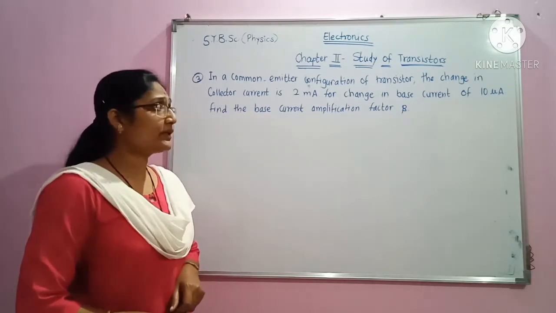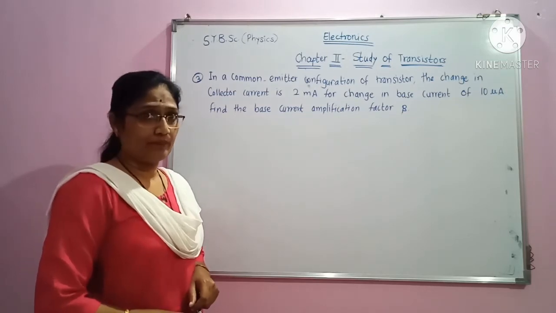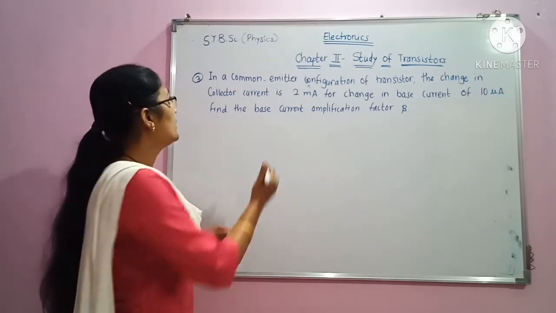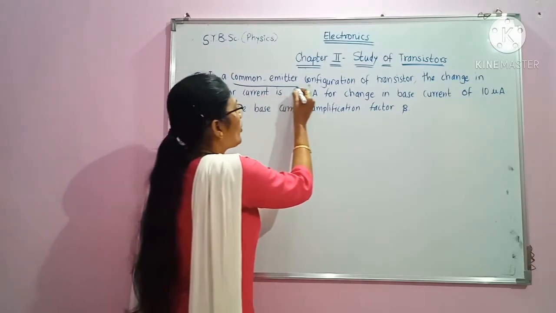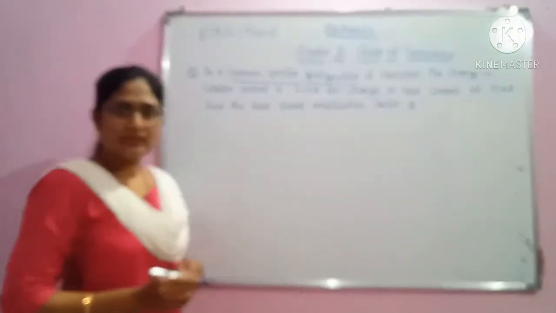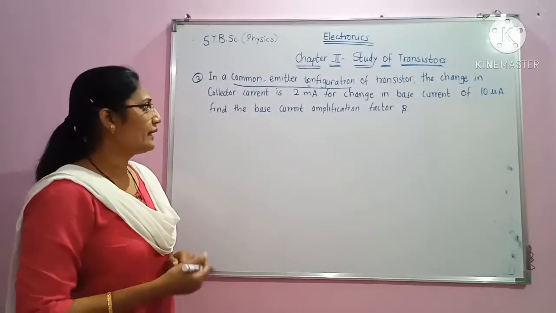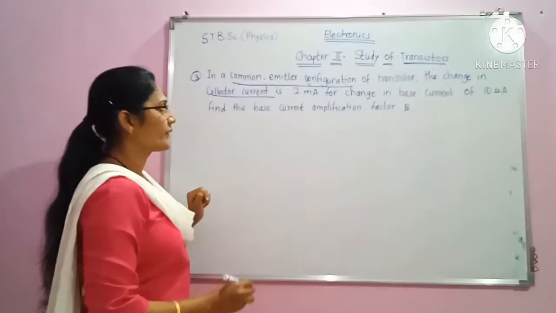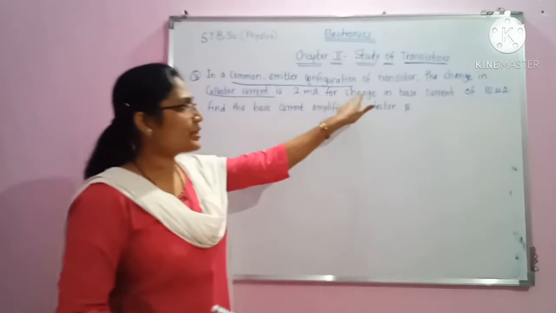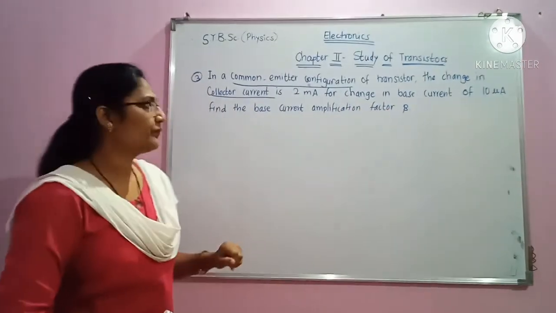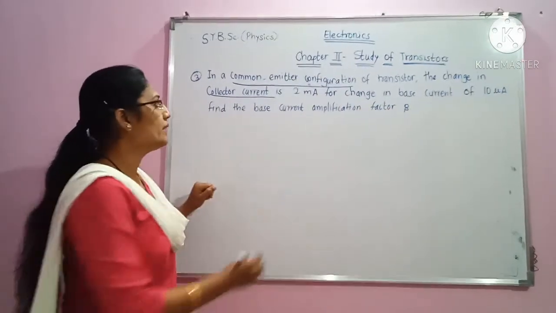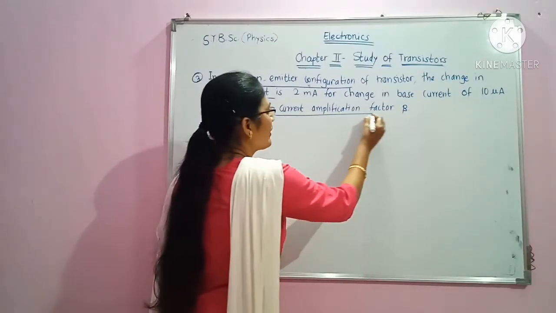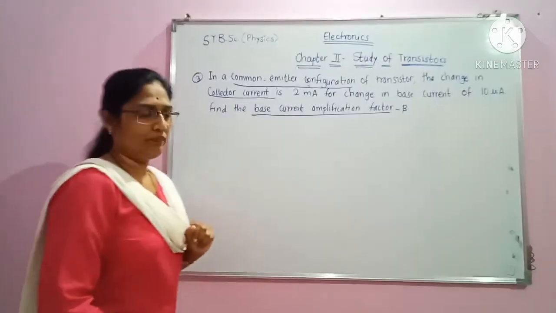Find the base current amplification factor beta. It means the common emitter configuration is given, the change in collector current and change in base current are given, and we have to calculate beta.